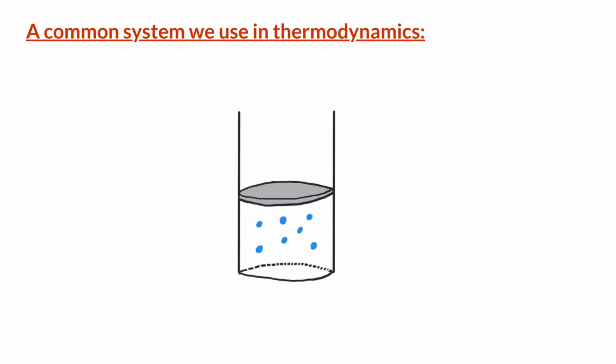A common type of system that we discuss in thermodynamics is a sample of ideal gas taken inside a rigid cylinder with a movable piston as shown in the figure. In this case, the ideal gas sample is the system, and the cylinder, air, and the room around the cylinder constitute surroundings.